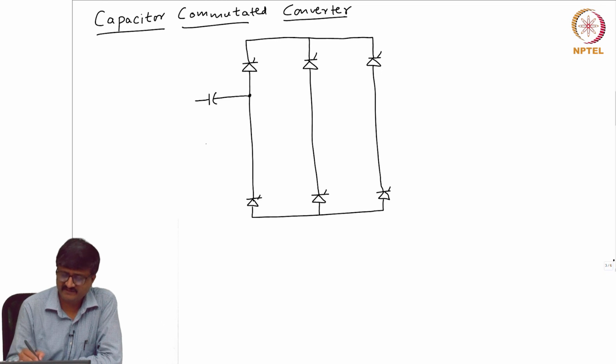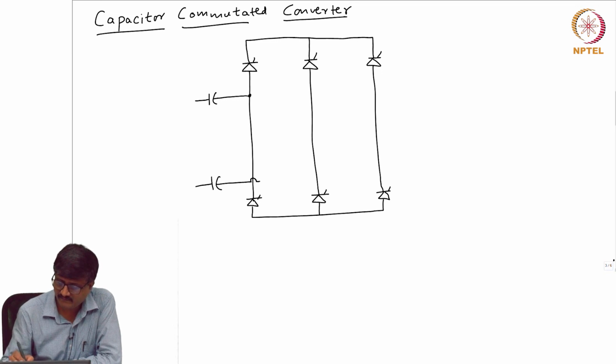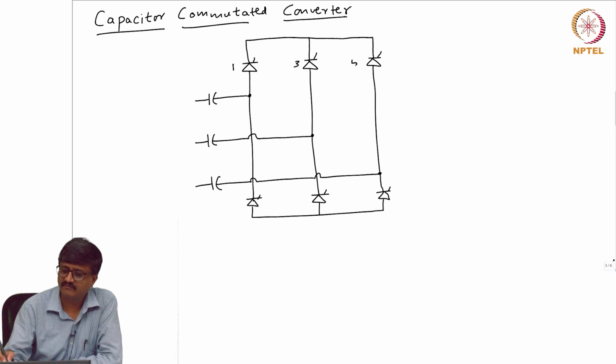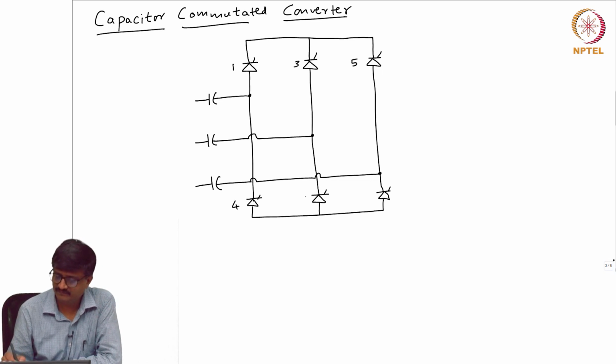So, there is a series capacitor on the AC side. I will call these valves 1, 3, 5, 4, 6, 2.